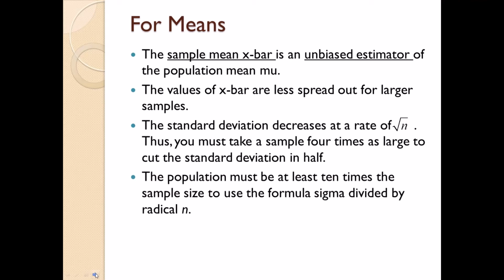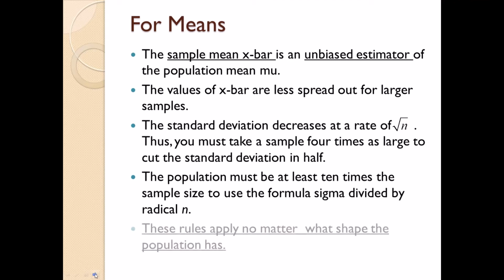Your population has to be 10 times the sample size in order for that formula sigma divided by radical n to be valid. Now these rules do apply no matter what shape the population has. We are interested in shapes that are bell curves, normal. That's what we're looking for.